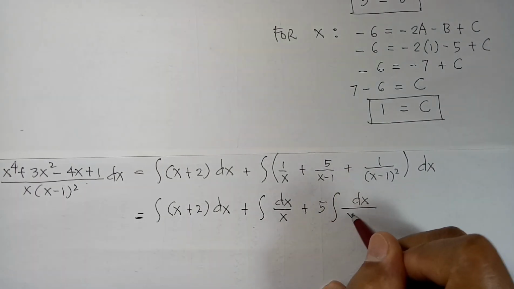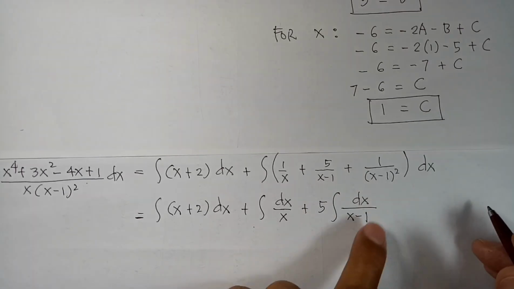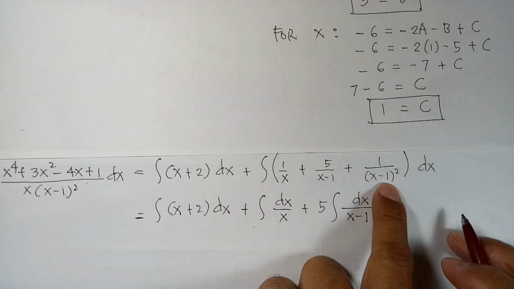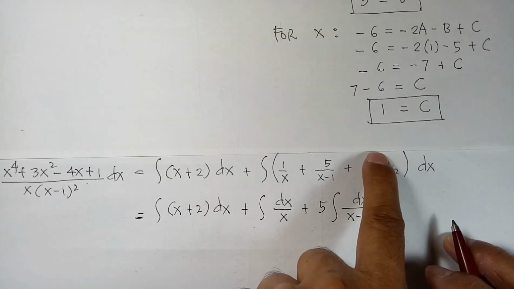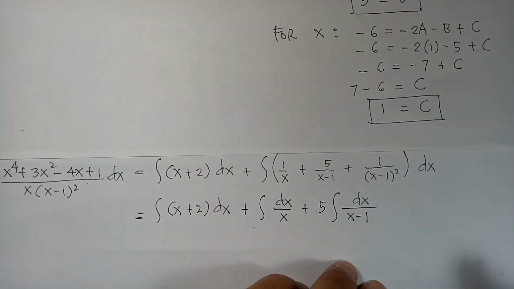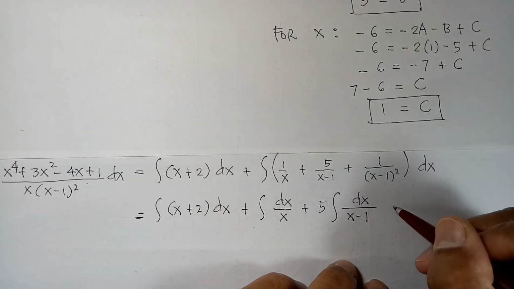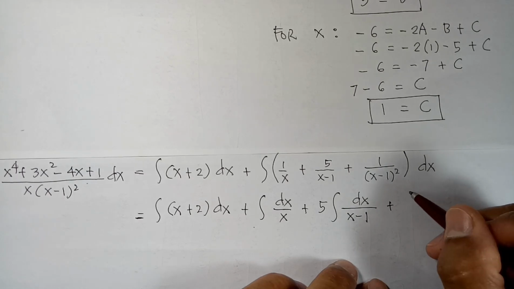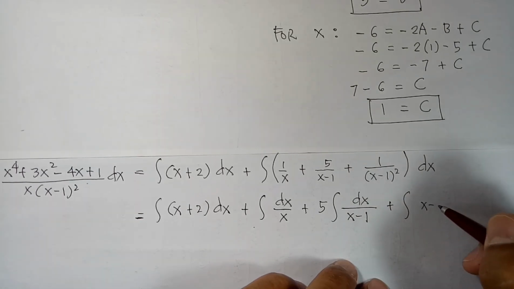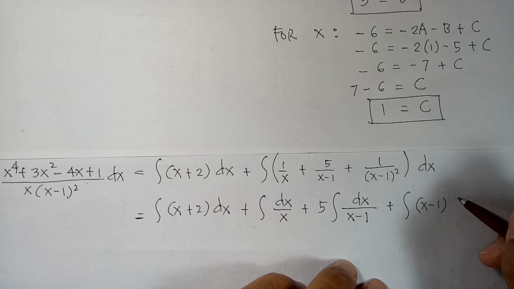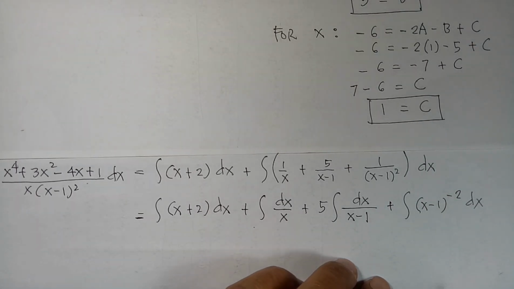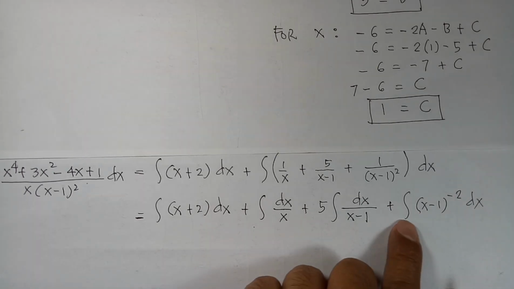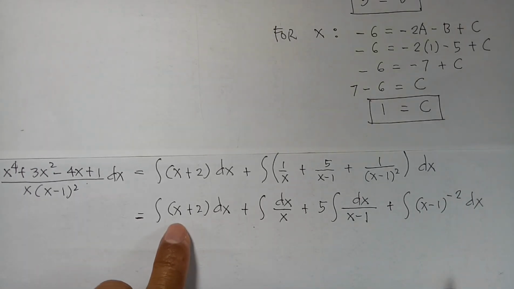Here, to use the general power rule for integration, we write the x minus 1 squared in the numerator, so we will have plus the integral of x minus 1 to the negative 2 dx. Okay, so all of them are readily integrable now.